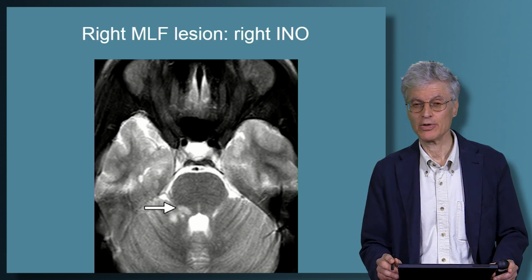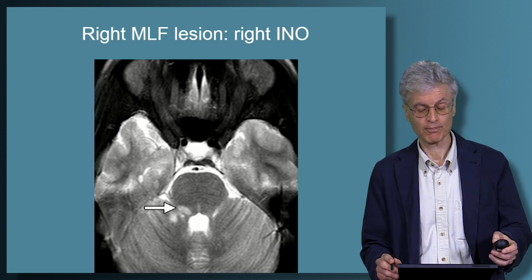So the white arrow is pointing to a white area in the right side of the pons where the right medial longitudinal fasciculus resides. And that is a lesion which affects it, creating a right internuclear ophthalmoplegia.